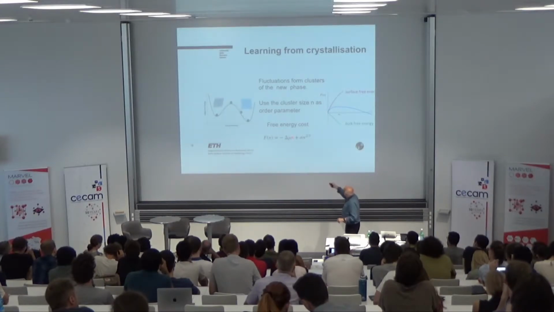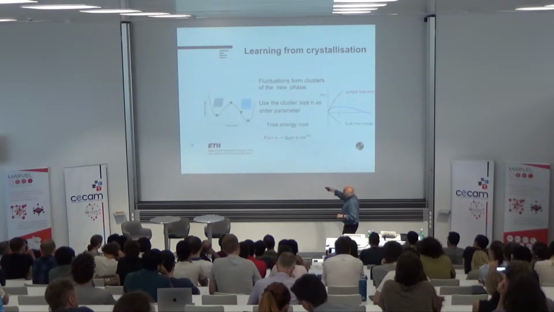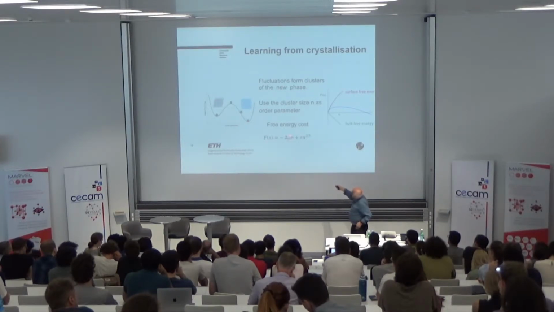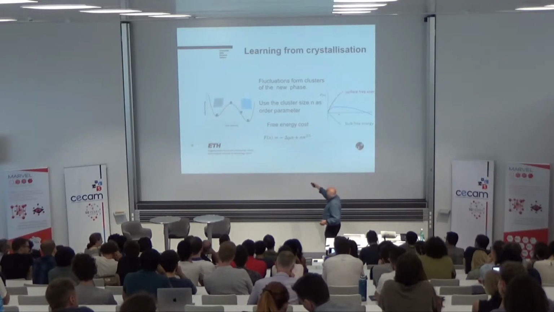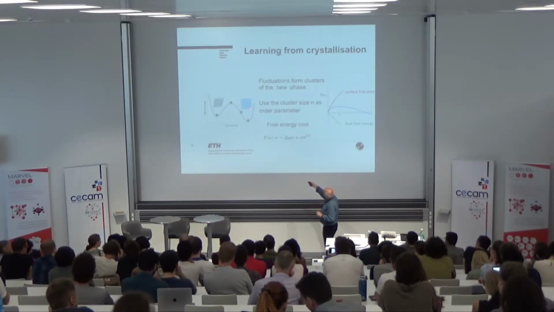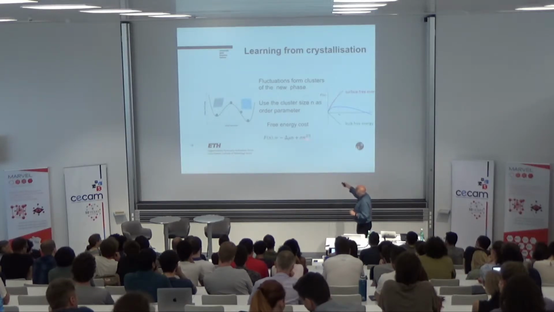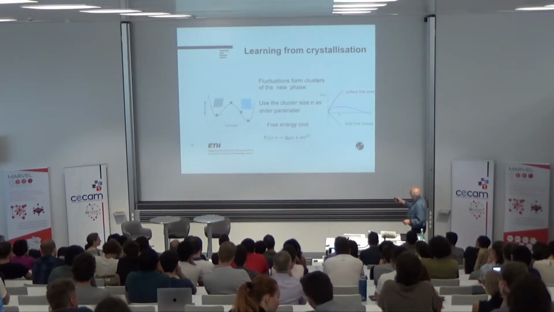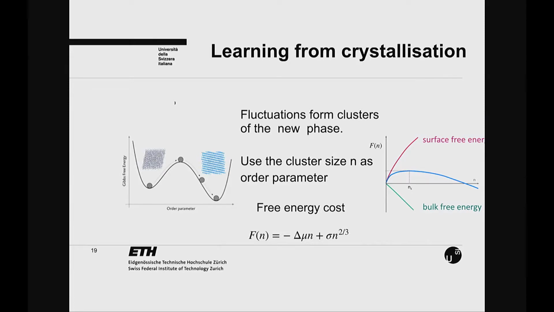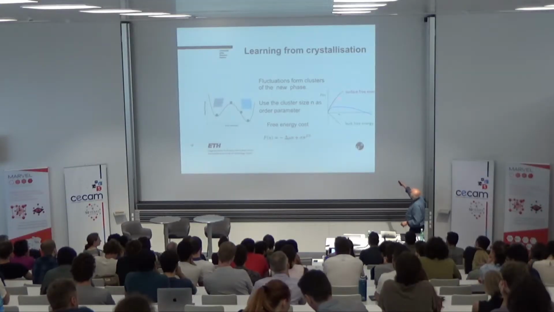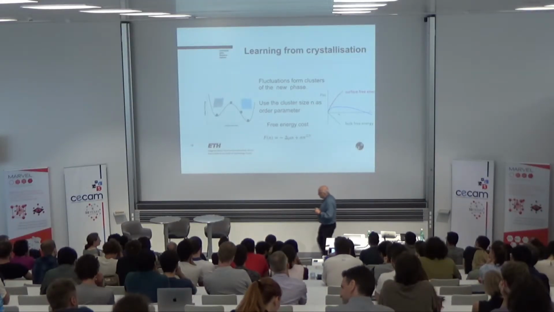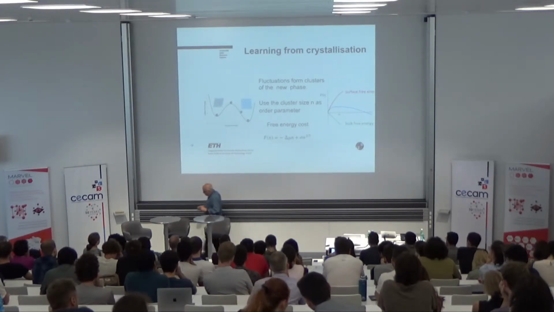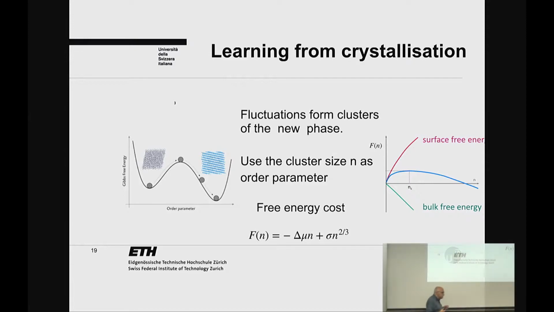This is the number of atoms in these nuclei, and the free energy for these fluctuations has a negative part, which comes from the fact that it is favorable to form the new phase, and a repulsive term, which is due to the formation of the interface between the two phases. For small sizes, this repulsive term will dominate. For larger sizes, the other dominates, and that's the barrier and the nucleation factor. This is elementary, but it hides two messages on how to deal with this complicated system.